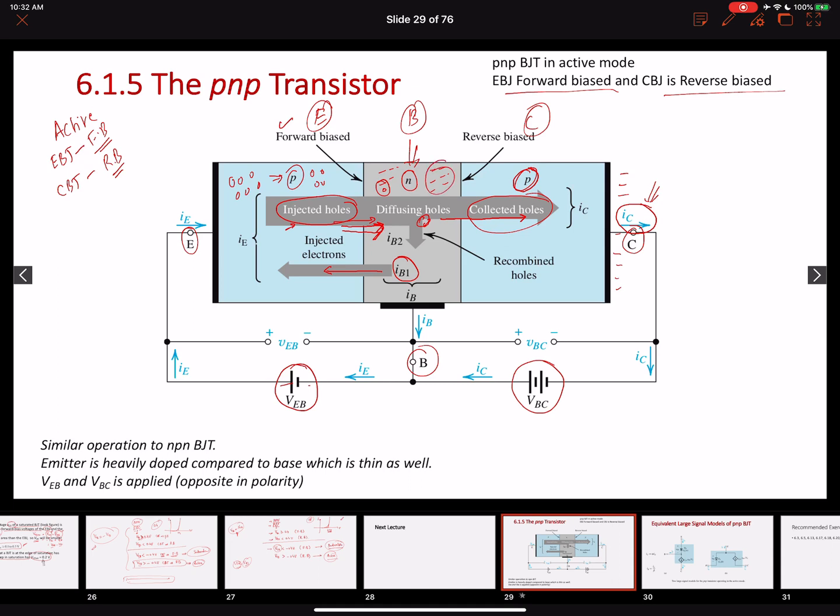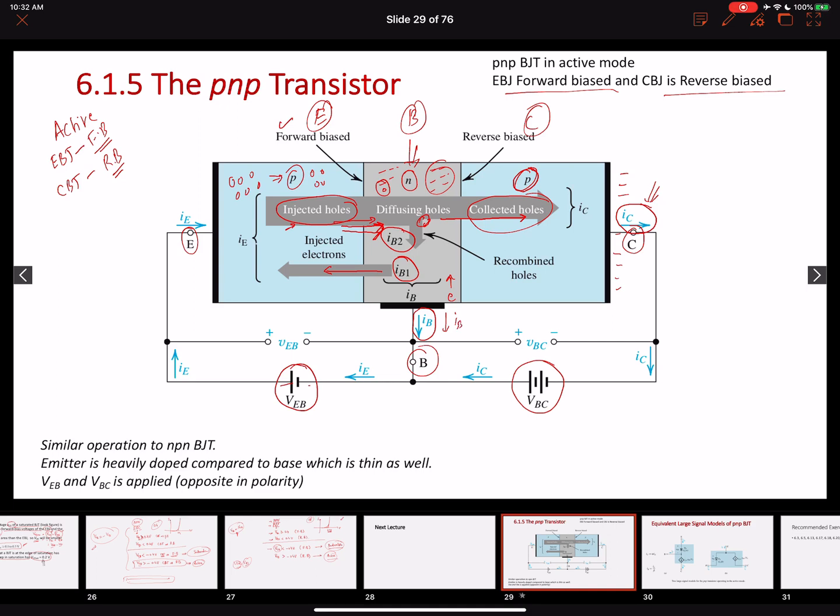To supplement these, electrons will be drawn from the external circuit, and that constitutes the current IB2. That is why the direction of the base current is now in the opposite direction, IB here, going out of the base terminal.